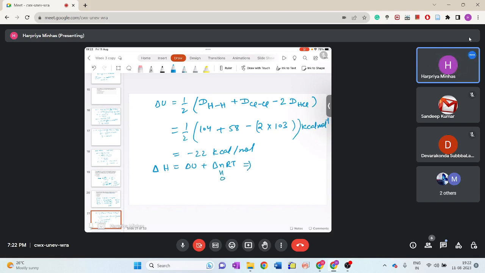That means your ΔH is equal to your ΔU. So whatever the value of ΔU you are getting, that will be the value of ΔH, that is minus 22 kilocalories per mole.